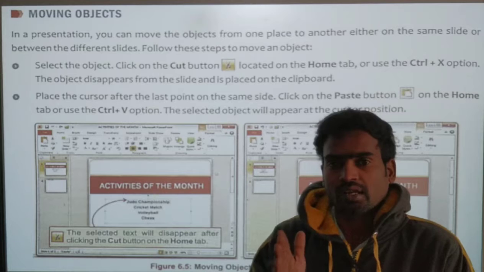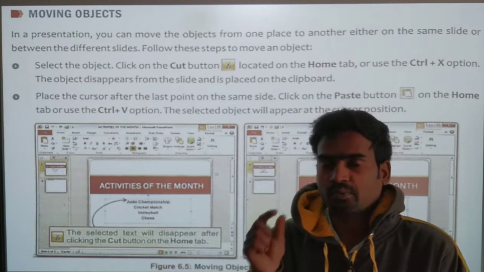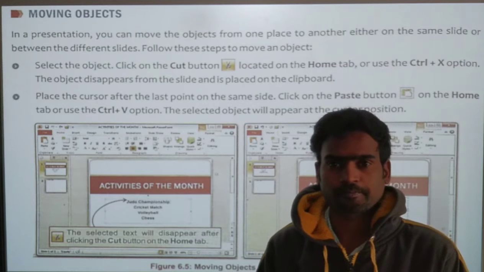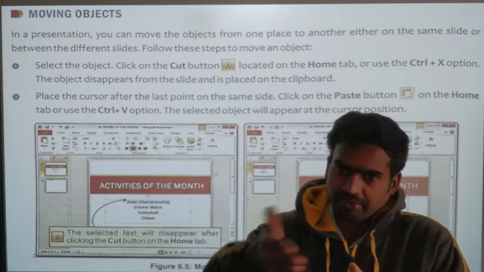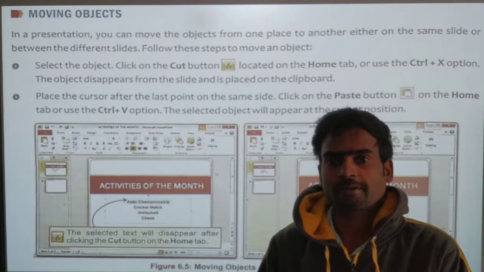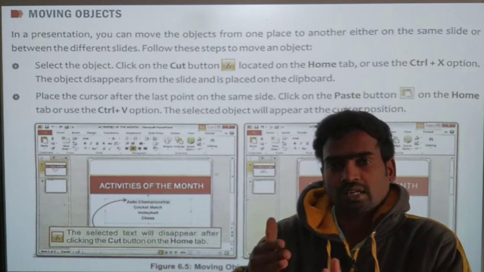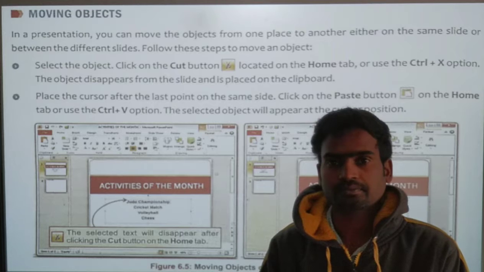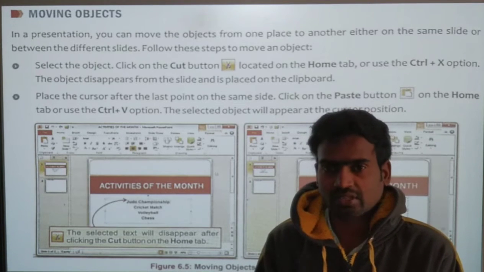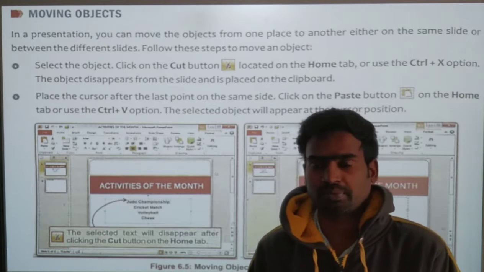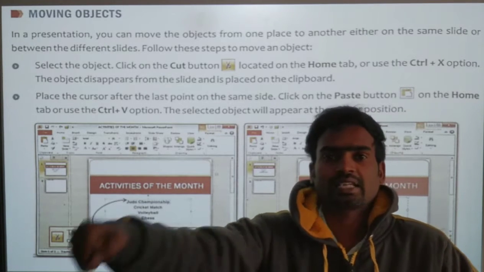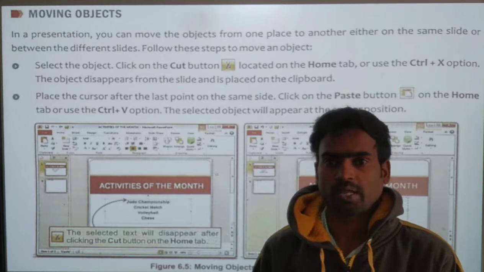That's the same way. Here we are going to learn it. We are going to move the object inside the slide itself. We can do it in the particular slide itself. We can move the object, or we can move the object in other slides also. One slide to other slide. As I said, shifting the chair and keeping it in another place in the room itself, or take the chair and keep it in another room, another way.